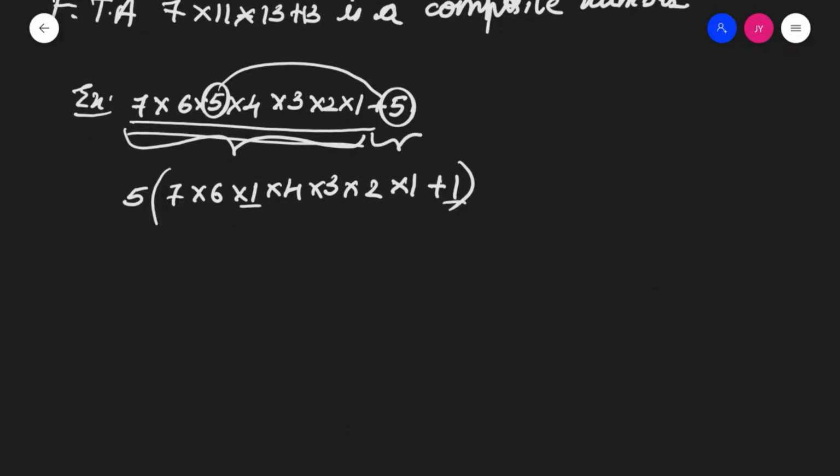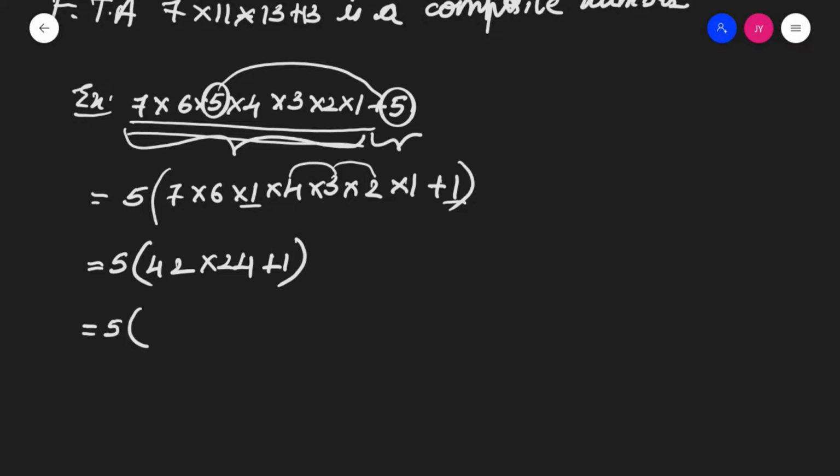This is 5 into 5, and plus 5 into 1, it will become plus 1 because I have 5 common here. So according to the BODMAS rule, we should solve the terms in the brackets first. So 7 6s are 42, 4 3s are 12, 12 twos are 24, into 1 is the same thing, and plus 1.